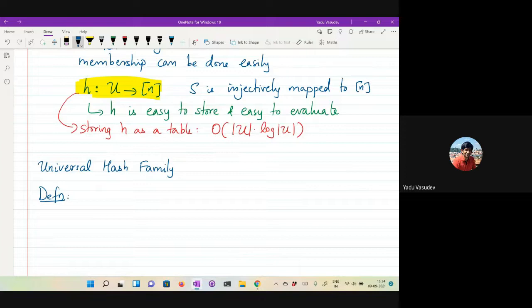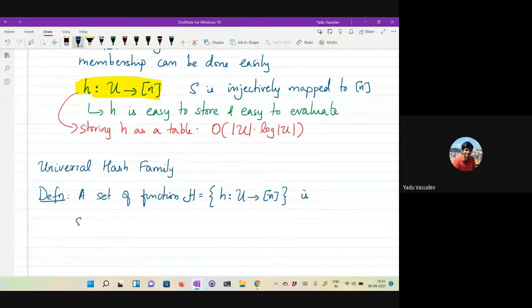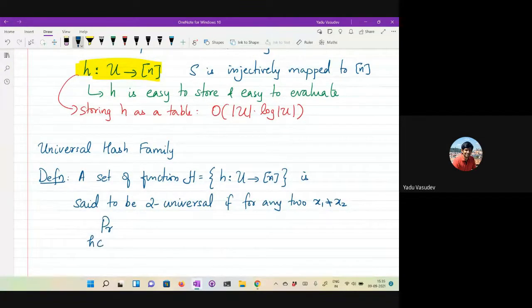So we'll say that a set of functions h, okay, this is from the universe U to a set [n], is, let's look at 2 universal for now, is said to be 2 universal, right, if for any 2 x1 and x2 not equal, the probability that when you sample a function h from the family, h of x1 is equal to h of x2 is at most 1 over n.